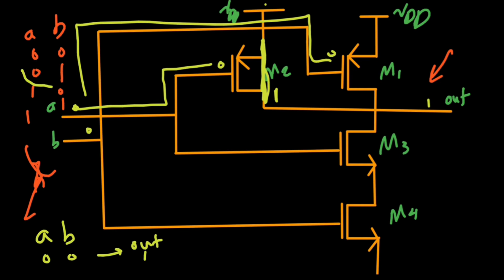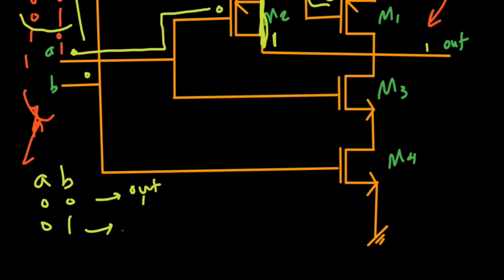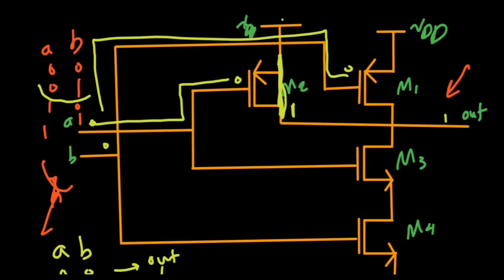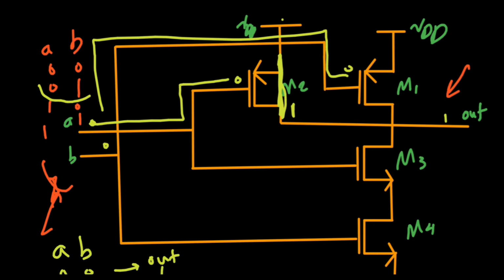Second case is when we have 0 and 1. But we already checked that if only A is equal to 0, the output would be equal to 1. So for 0, 1, we also have the out equal to 1. Third case, let me change the color. Third case is when B is equal to 0 and A is 1. 1 here and 0 here. So if you have 0 for B, this 0 would go through this wire to the gate of M1. We have 0 here, right? It is a PMOS.